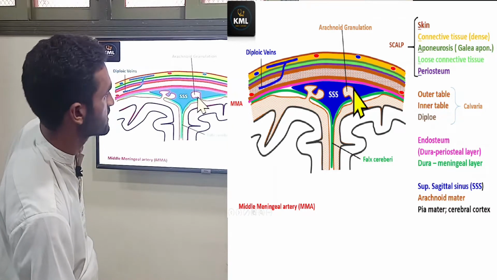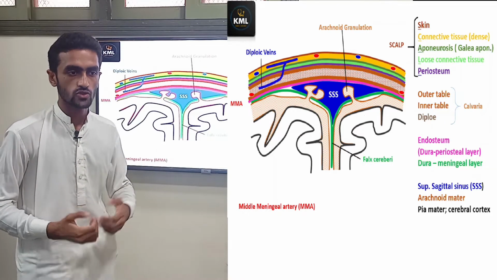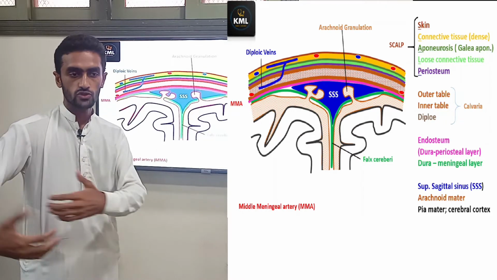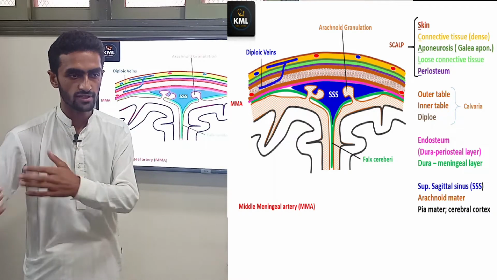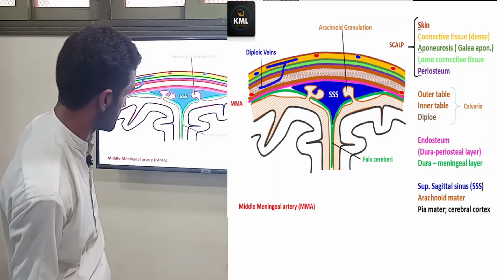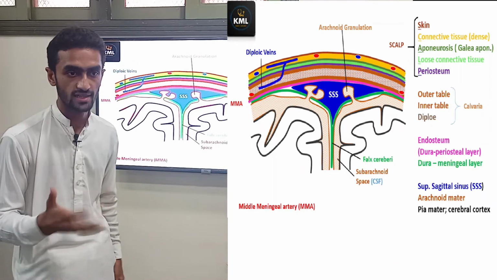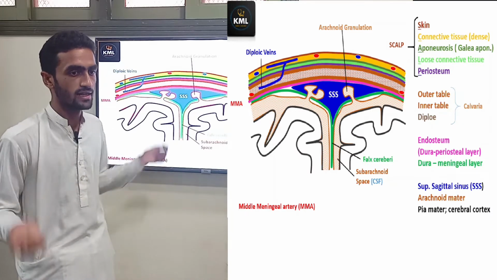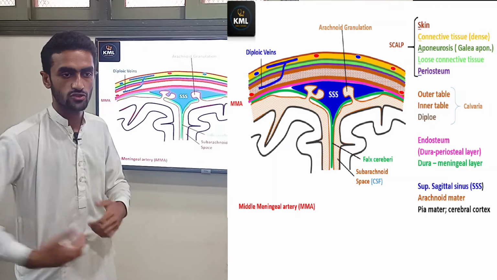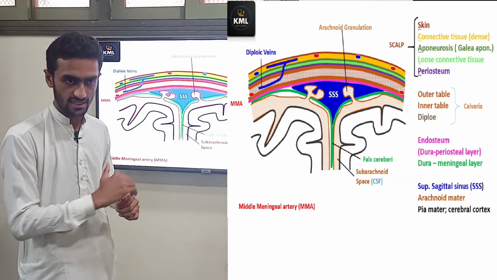Can you see these granulations entering into the superior sagittal sinus? The CSF, which comes from your ventricular system, flows in the subarachnoid space where you find the CSF, and it reaches here and dips into the superior sagittal sinus. So the drainage of your CSF is into the superior sagittal sinus.